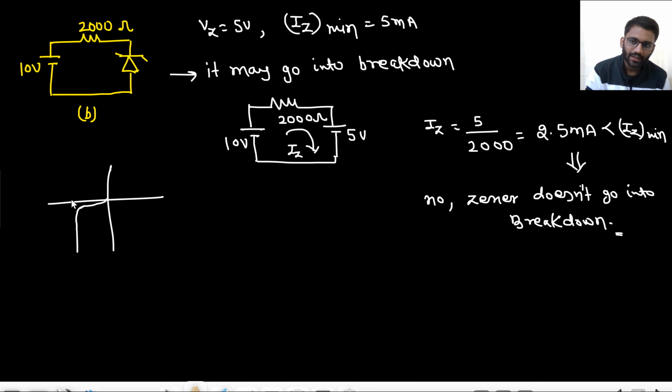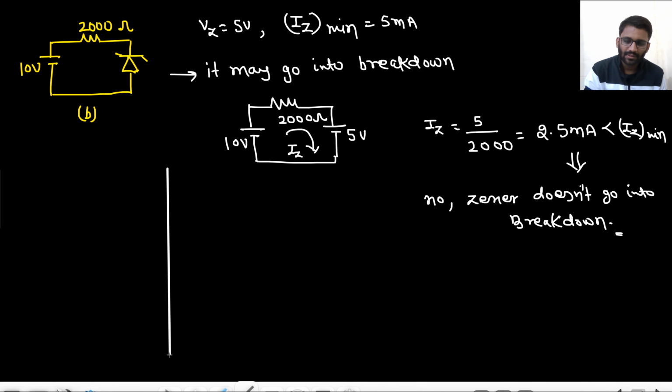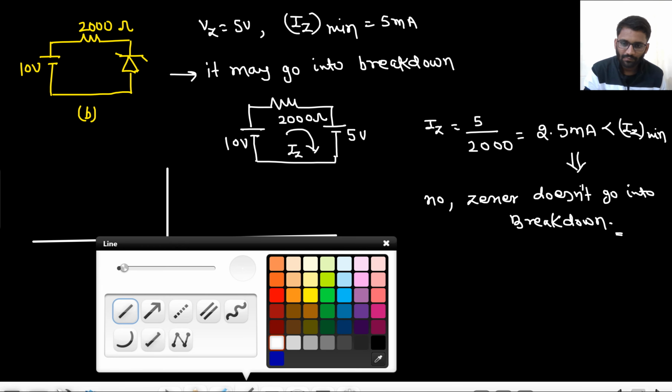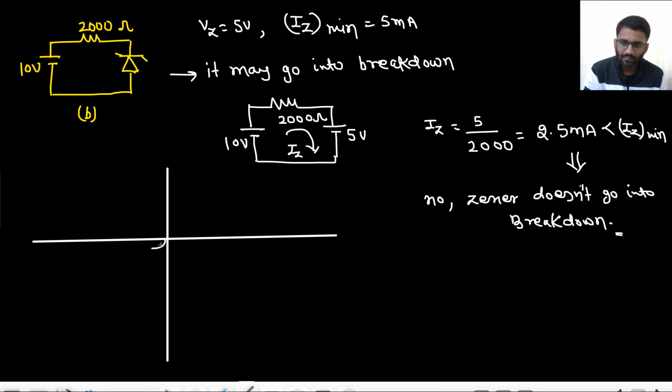You thought that you are here, but at 5 volt, this is the minimum current. I think I should make a larger diagram.